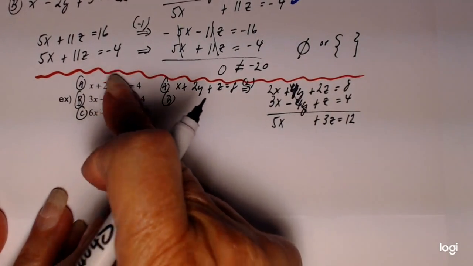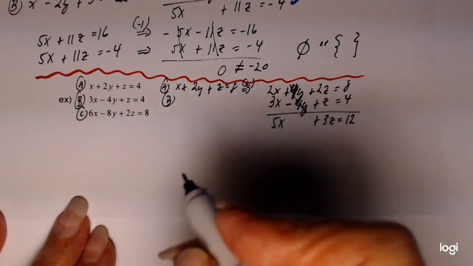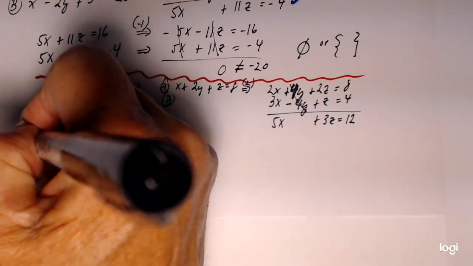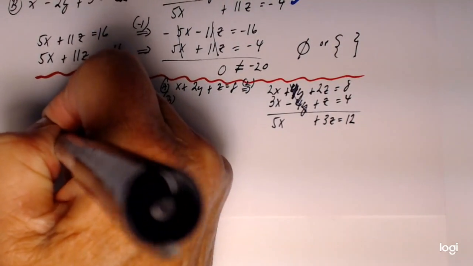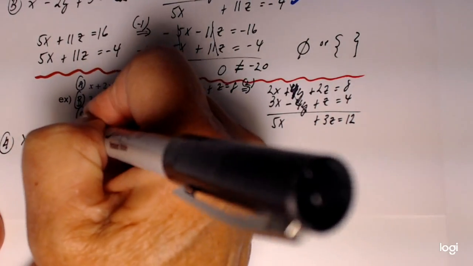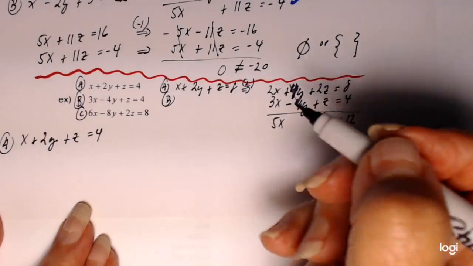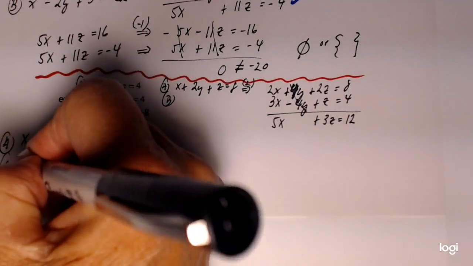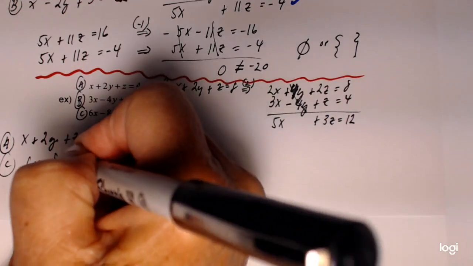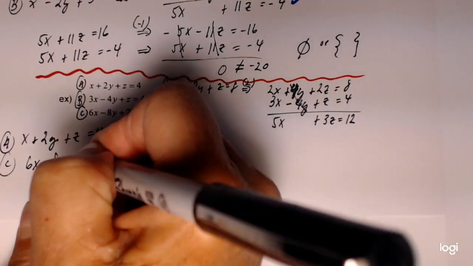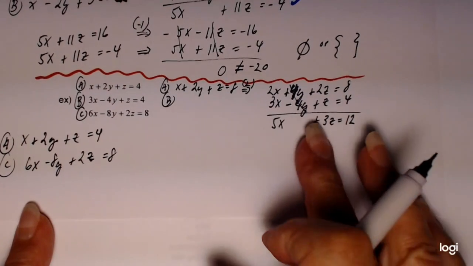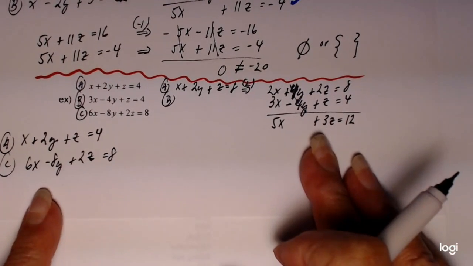Now I'm going to use A and C. I'm going to take equation A again, x plus 2y plus z equals 8. And now C, 6x minus 8y plus 2z equals 8. Working with these two, we need to eliminate y again.